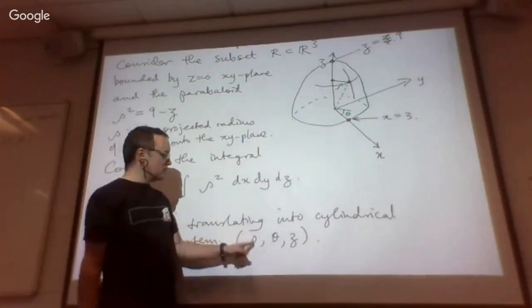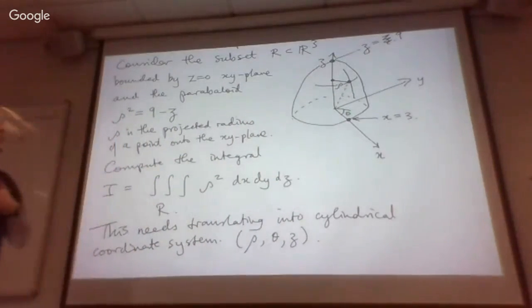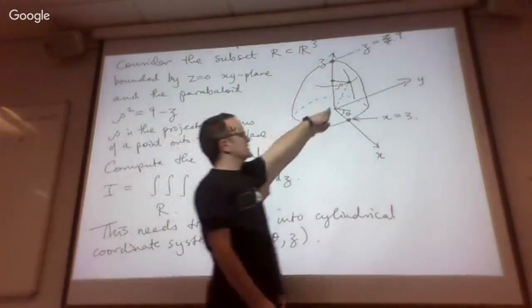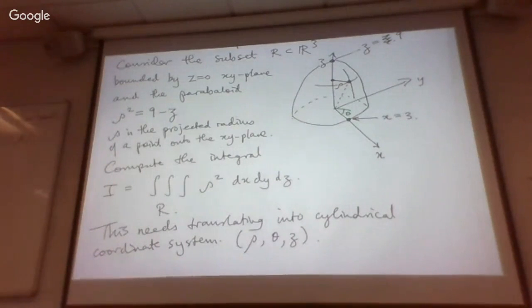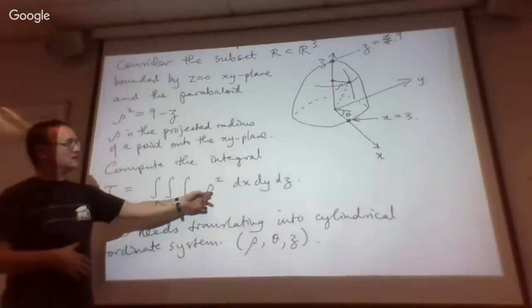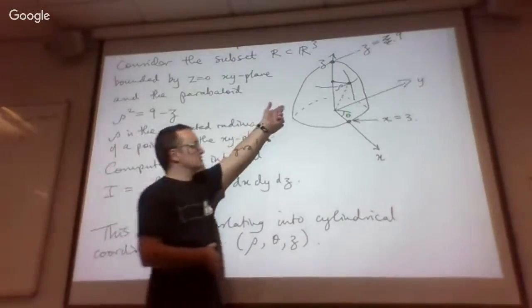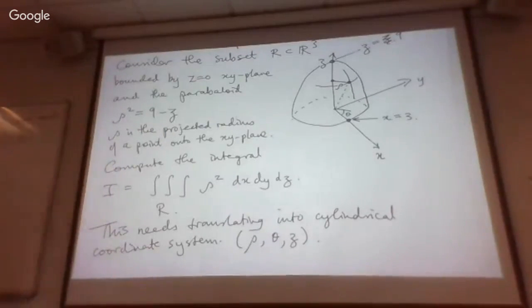Rho is this horizontal projected radius value, and z is just that same old Cartesian z coordinate. This is what's called a cylindrical coordinate system. And this is the most appropriate one to describe this because rho features in the integrand, and it's also featured in the function describing the boundary of the region.